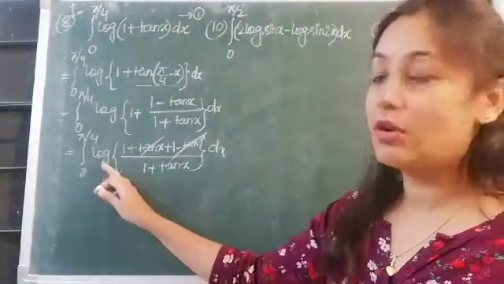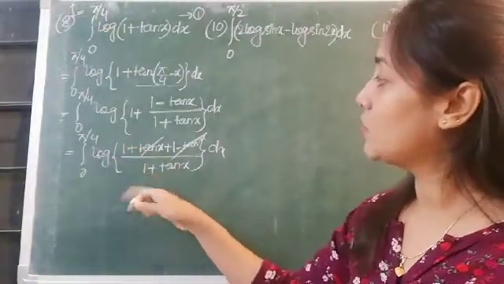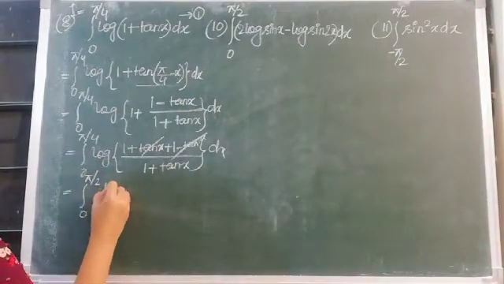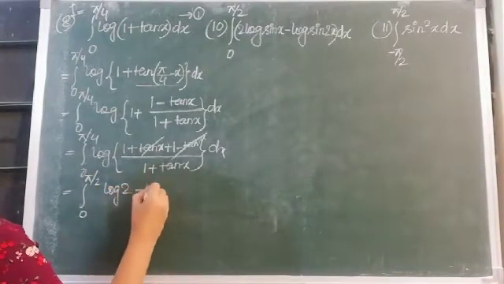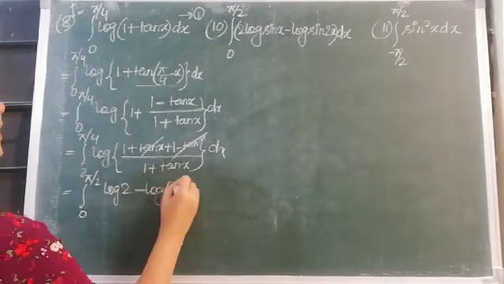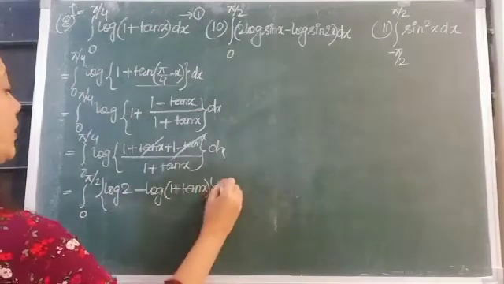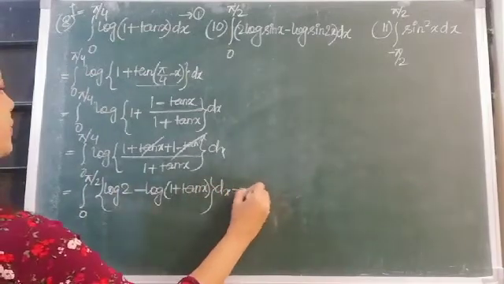Now you apply the property of log. Log a by b is equal to what? Log a minus log b. So this part will be equal to the integral from 0 to pi by 4 of log 2 minus log 1 plus tan x, and we will take this to be equation 2.